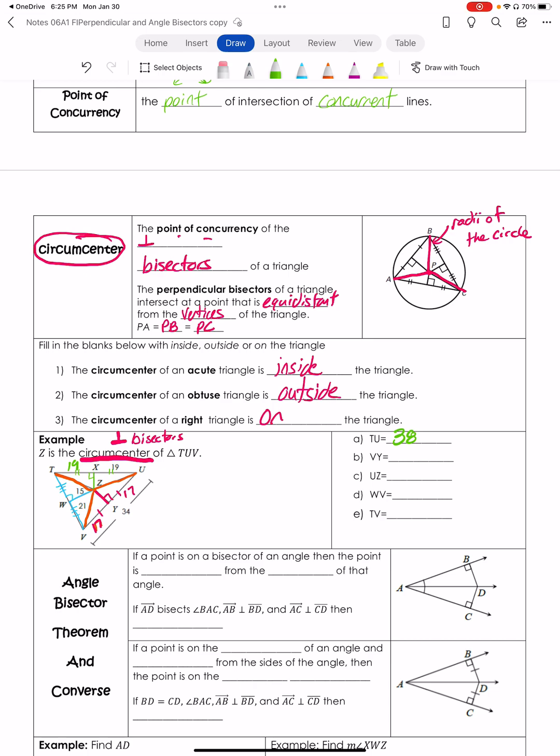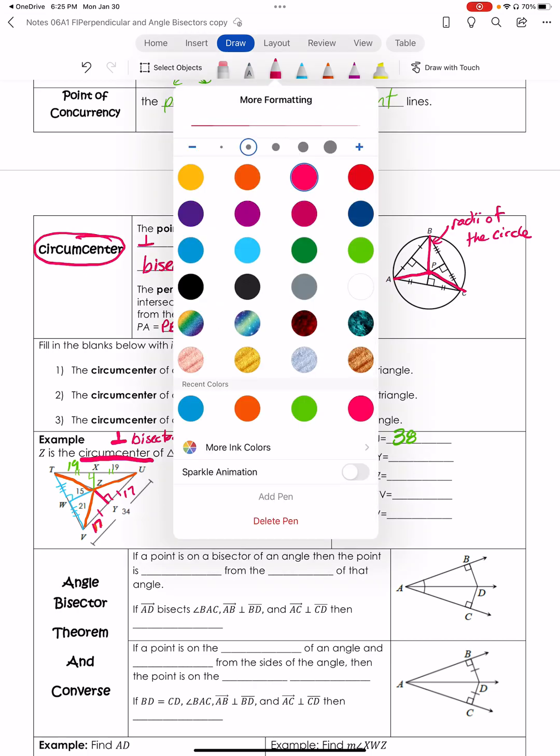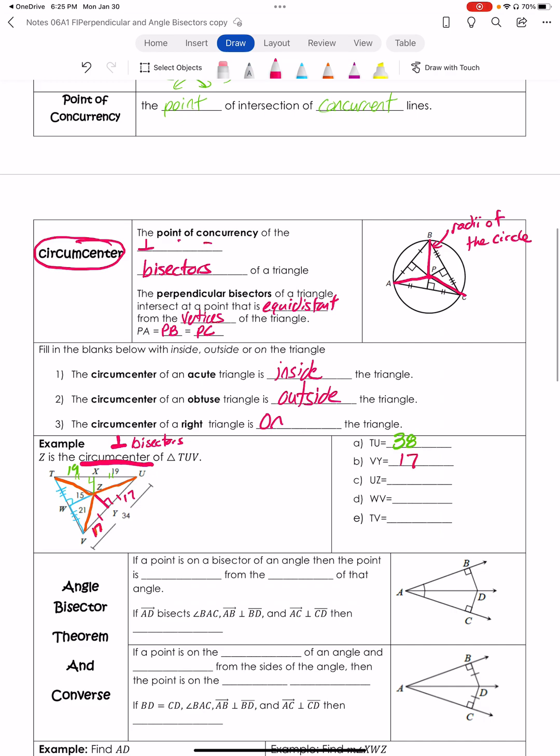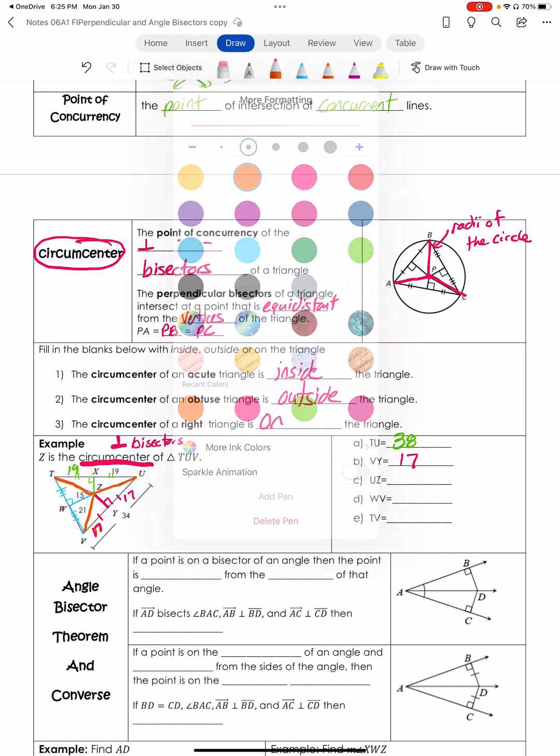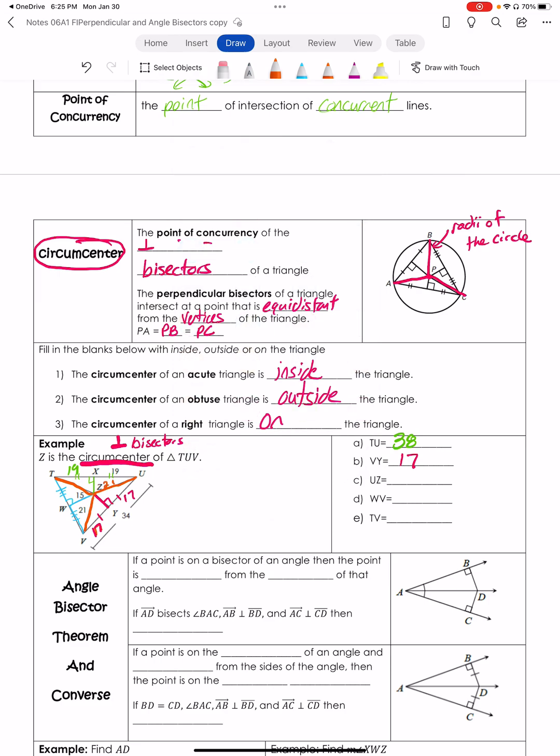VY is 17. UZ, well, if this is 21, this one's 21, and this one's 21. So UZ is 21.